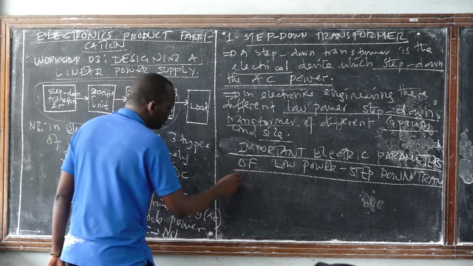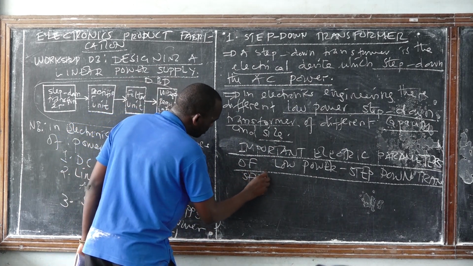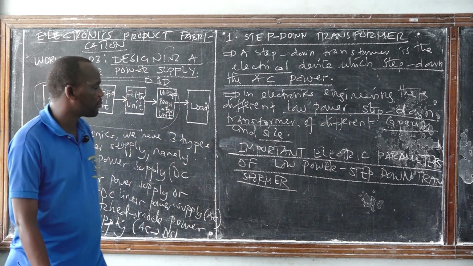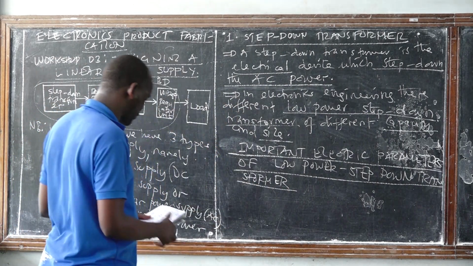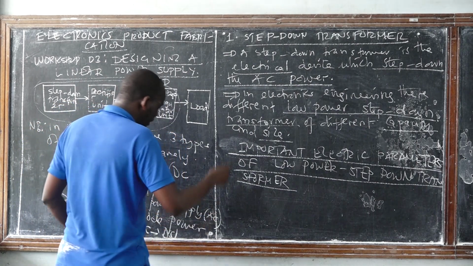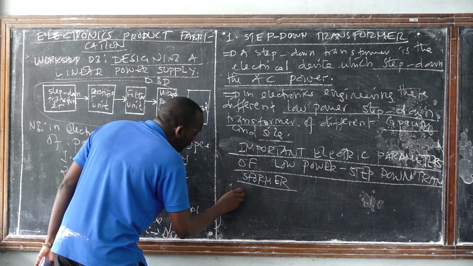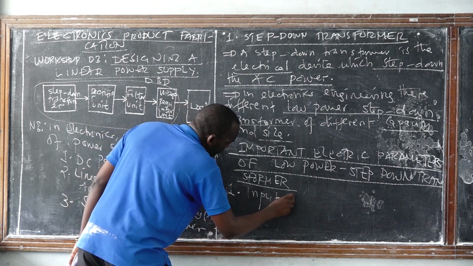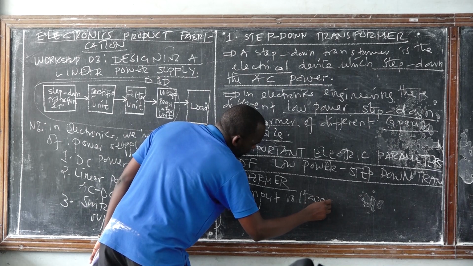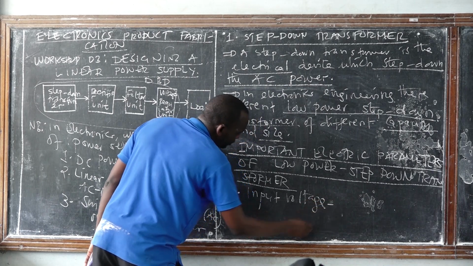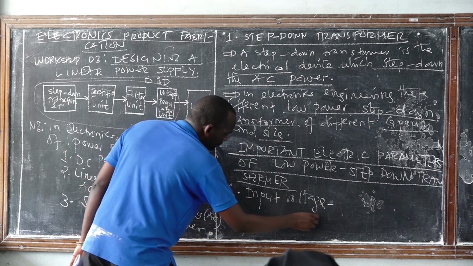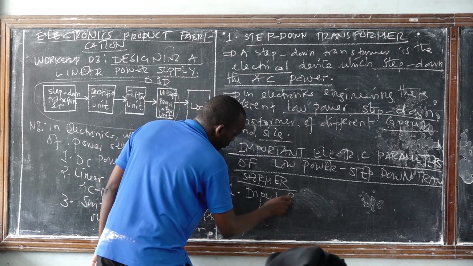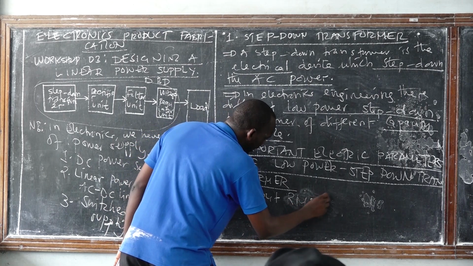The first important parameter is called the input voltage. Or simply, we may call it the input root mean square voltage.